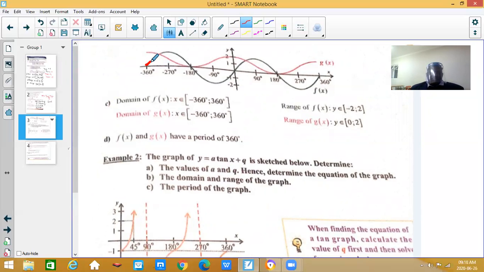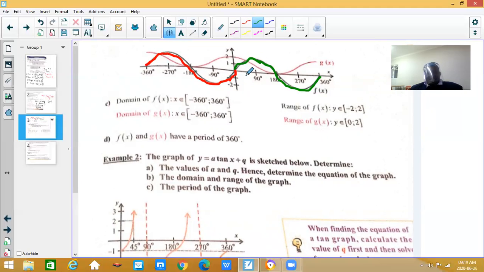Now this graph, as it is from here, is still the same. It's not yet repeating until we get to this point. When we get to this point, you will notice that this part here is now starting once more. It is the repetition of the graph from here up to here.